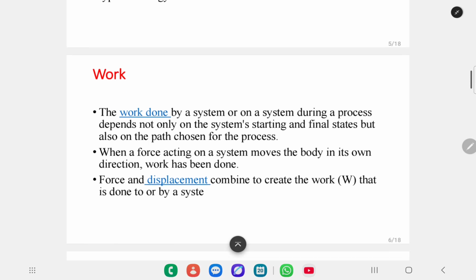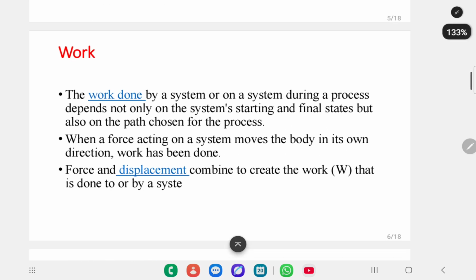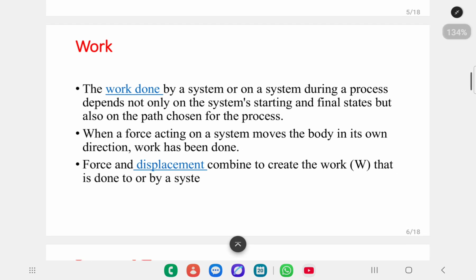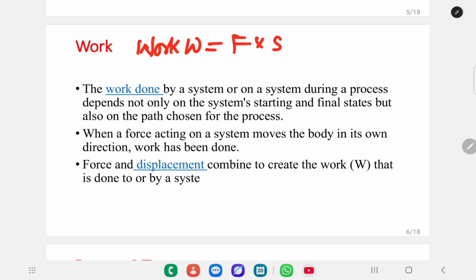Next, work. What is work? This also we have learned in the earlier classes. We know the work formula: work W is equal to force into displacement. If something has moved a certain distance by applying some force, then we can say that work is done.